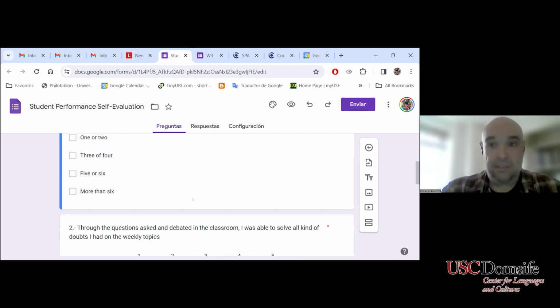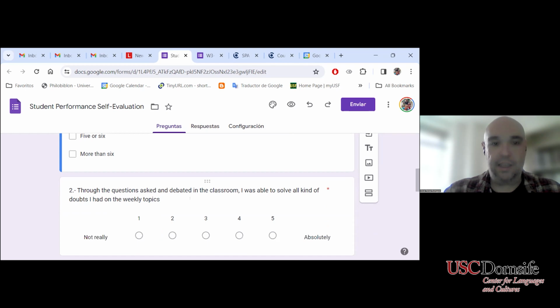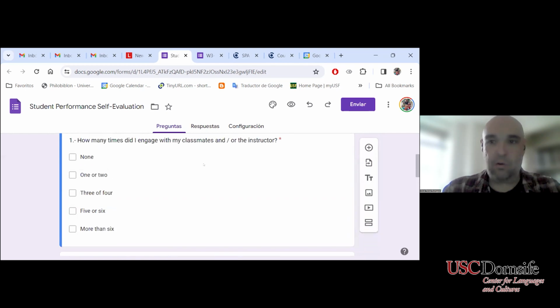And my commitment at the beginning of the course was very clear. I specifically said, and I mentioned several times, that if that was the grade the student decided for himself or herself, for me it was fine. I was not going to come back and double check if they were actually interacting with me or with other classmates more than 6 times.